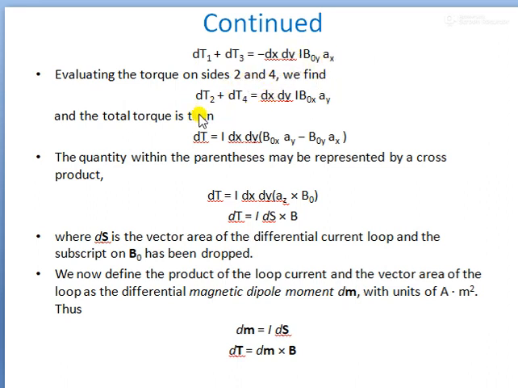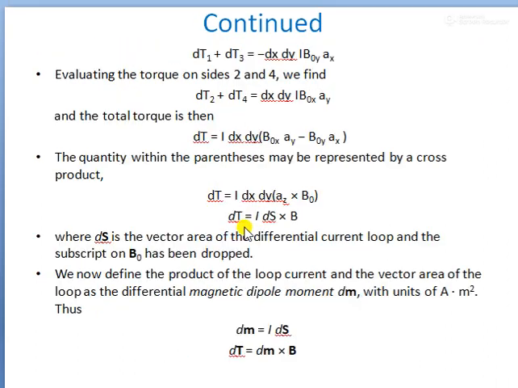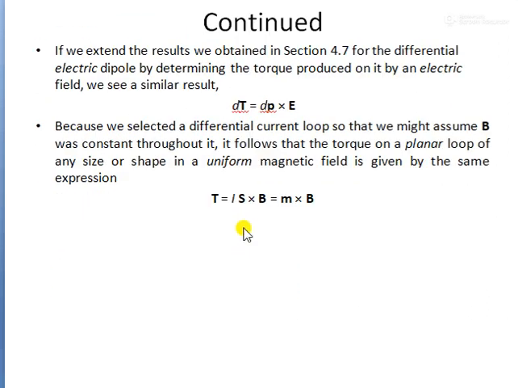The same way dT2 plus dT4 is added. After the addition of all the torques we get I dS cross B, where I dS is the magnetic dipole moment. With this we have made a magnetic dipole for a planar coil. So whatever the shape of the coil might be, we can get the same equation for the torque.